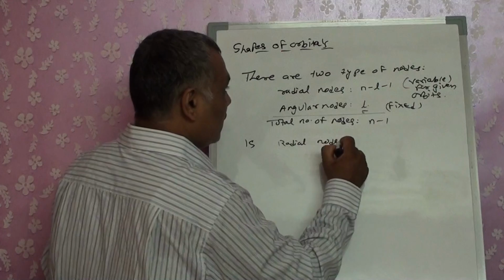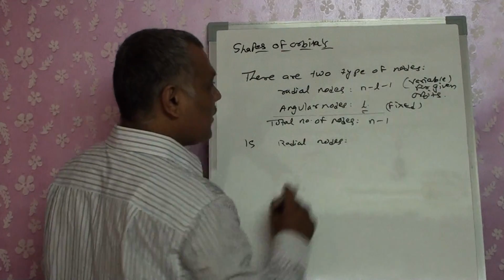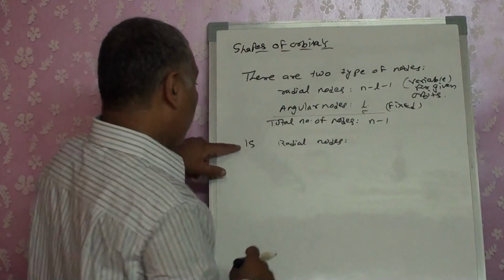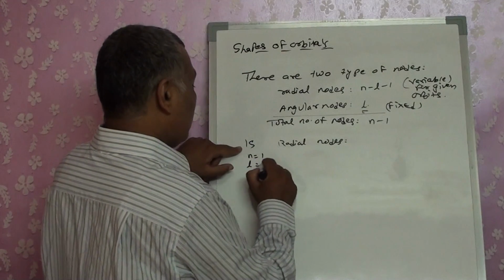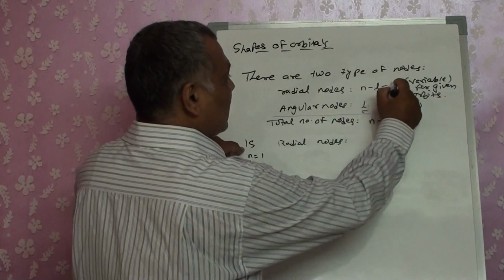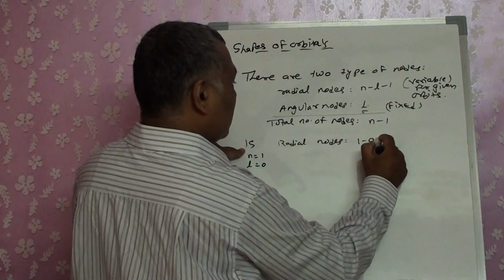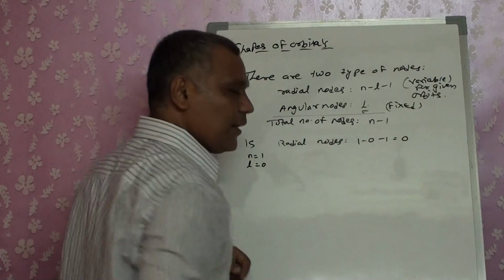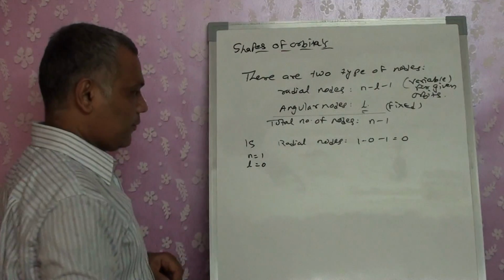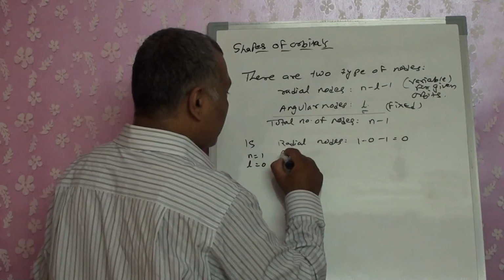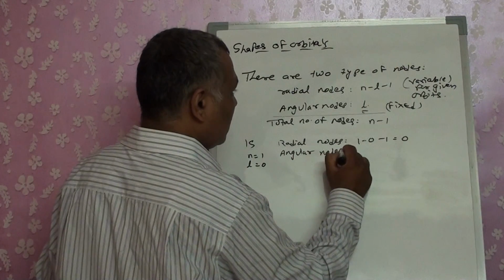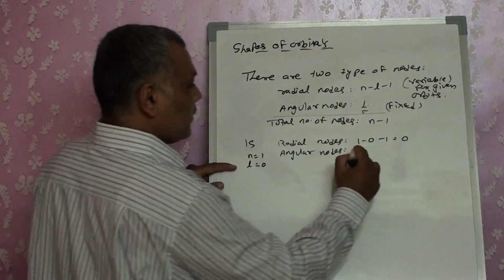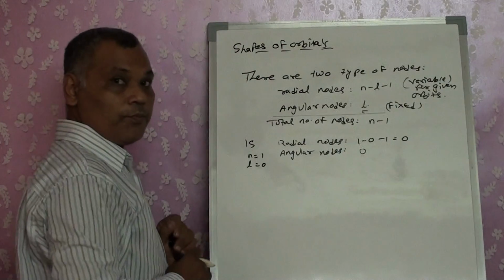Radial nodes are n minus l minus 1. Here n is 1, l is 0. So n minus l minus 1 is 1 minus 0 minus 1, so we get 0 radial nodes. If we calculate angular nodes, we get 0, right?